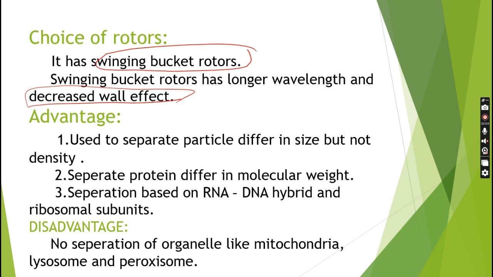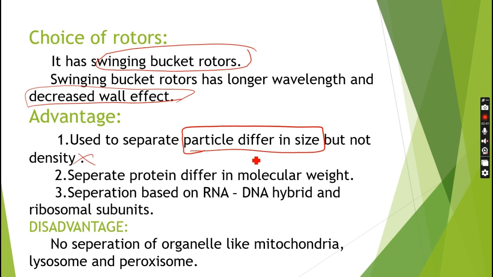Decreased wall effect is very much needed because there are only small differences in the density of the discrete zones that are formed, which can be disturbed if a wall effect is possible, and may affect the sample separation. So the major advantage in this is that particles that differ in size can also be separated, but separation based on density is not possible.